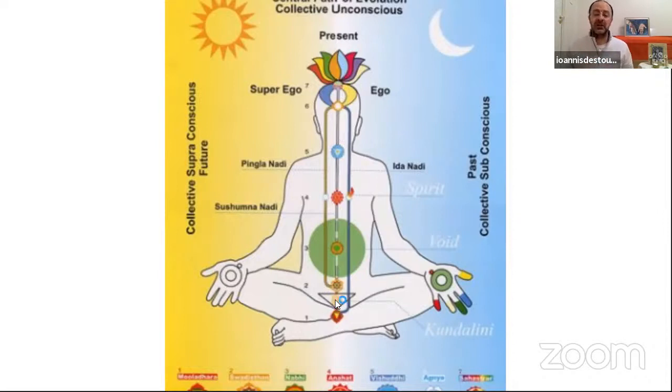All these channels are inside the spine, so they don't look like in the picture. When we meditate and the Kundalini is ascending, she will enlighten some of these fibers every time. The more you meditate, the stronger your Kundalini will be, and she will balance in the central channel.